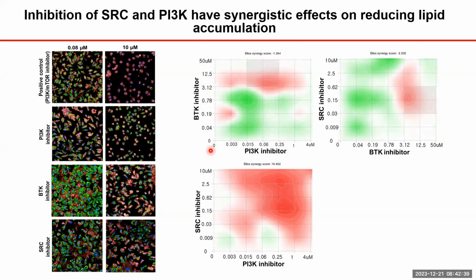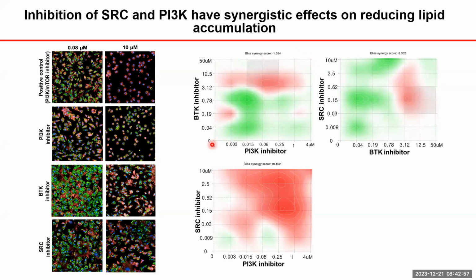On the lower right corner, you have the lowest concentration of inhibitors for both compounds. Then as you move diagonally across to the upper right-hand corner, you have the highest concentration for both of these inhibitors.